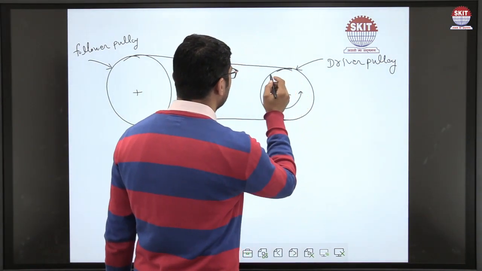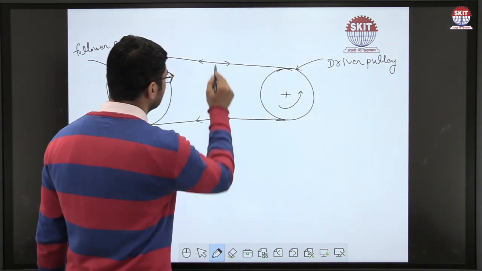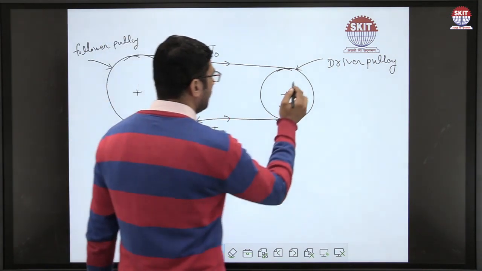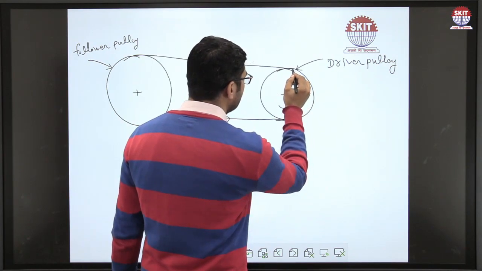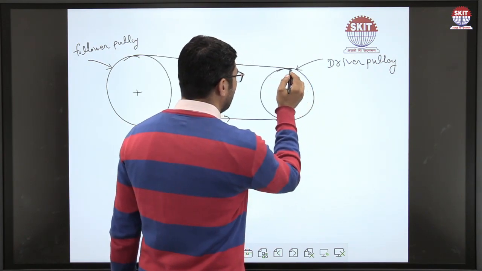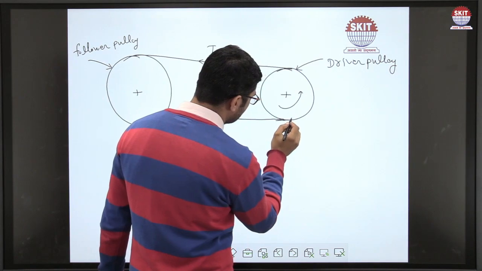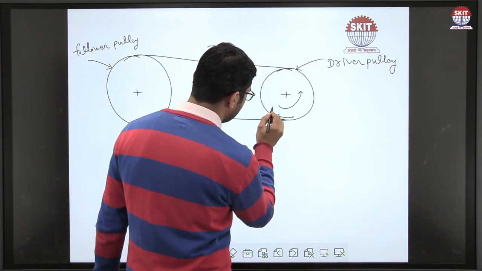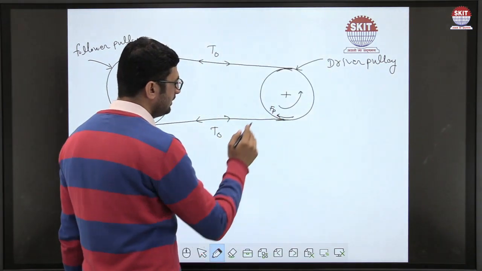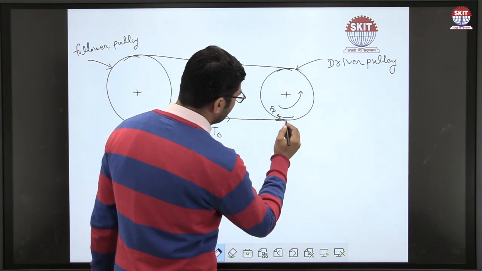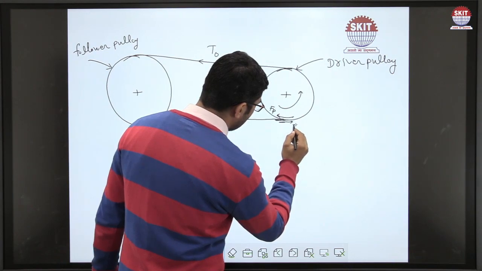First of all, in this belt, initial tension T naught is present, with equal tension on both sides. When the pulley starts rotating, the first portion of the belt moves in this direction. The friction force on the pulley is in this direction, Fp, the friction force on the outer surface of the pulley, and on the inner surface of the belt, the friction force direction is this direction.